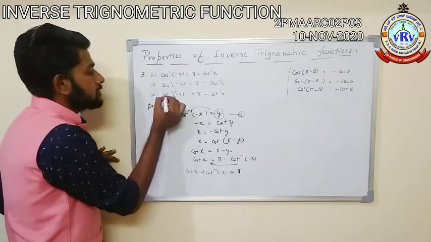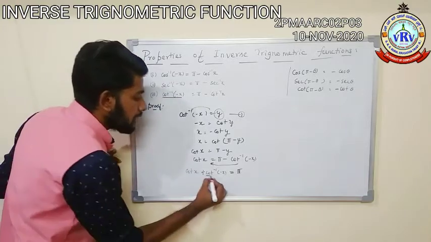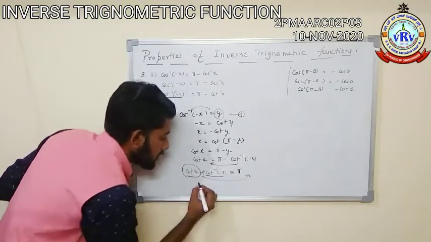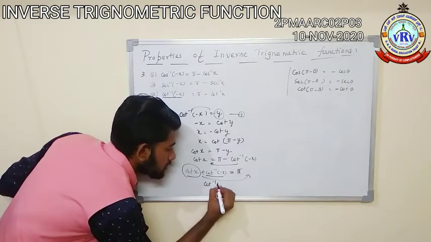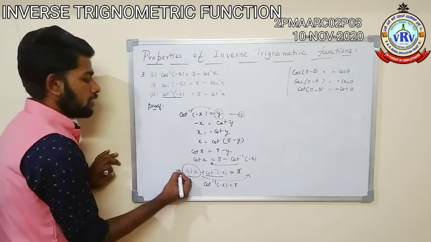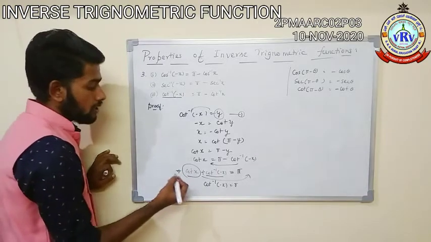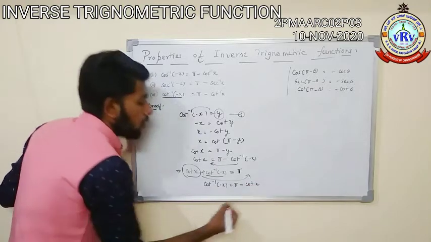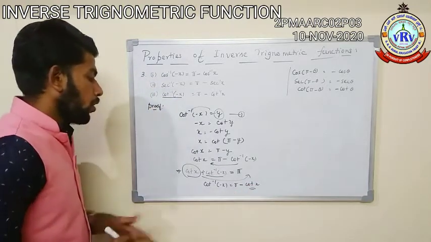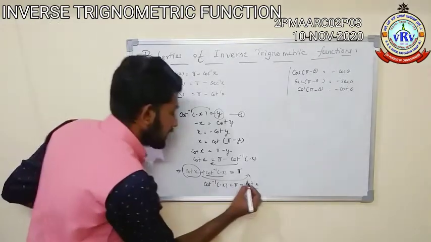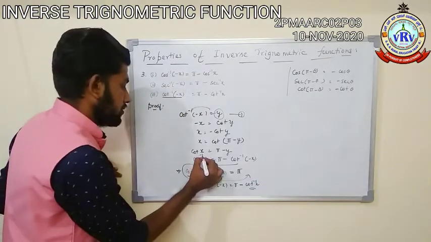Then on the left hand side we require cot inverse of minus x, so I will shift this function to the other side. It becomes cot inverse of minus x is equal to pi minus cot inverse of x.